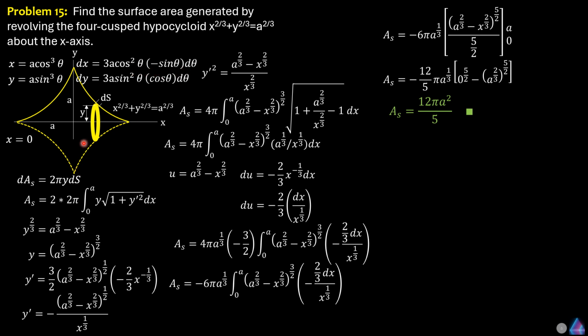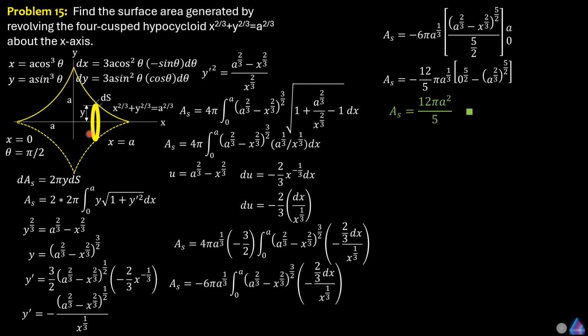And the limits would be changed. When x is 0, inverse cosine of cube root of 0 over a is inverse cosine of 0, so that theta is pi over 2 because cosine of pi over 2 is 0. Then when x is a, a over a is 1, cube root of 1 is still 1, inverse cosine of 1, theta is 0.